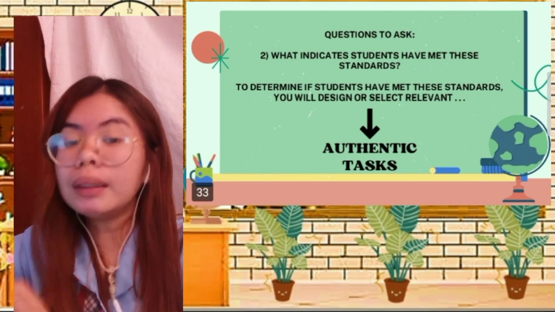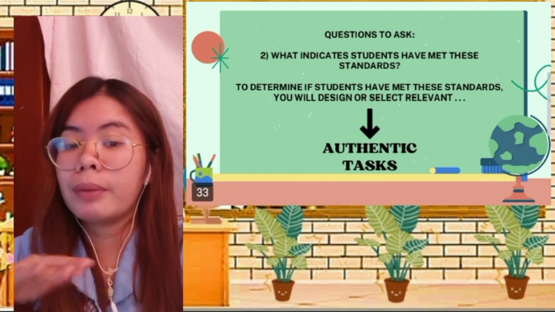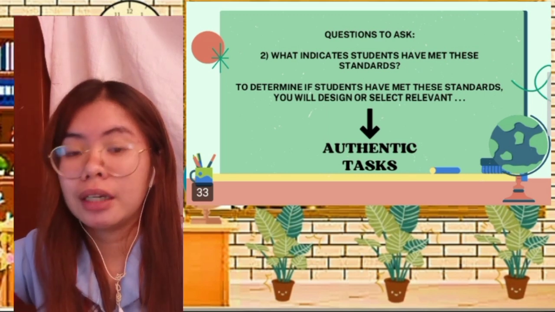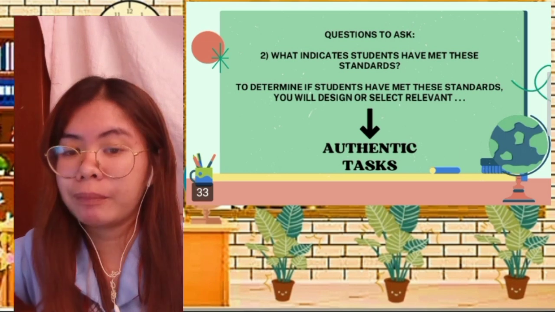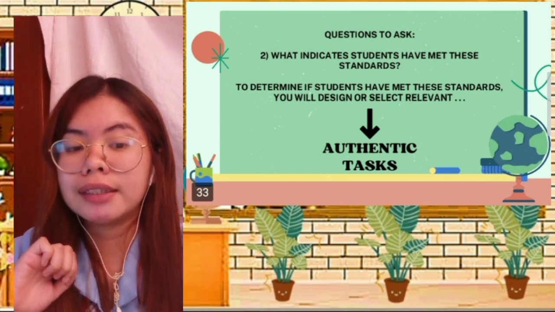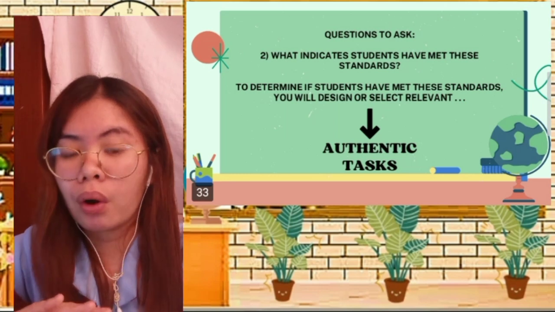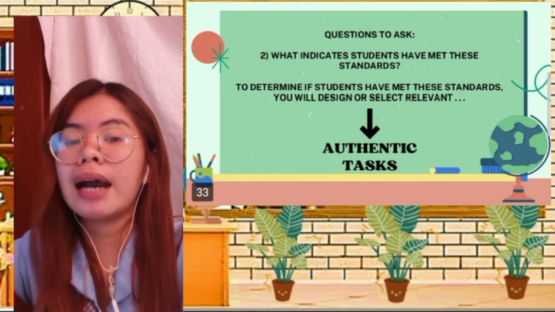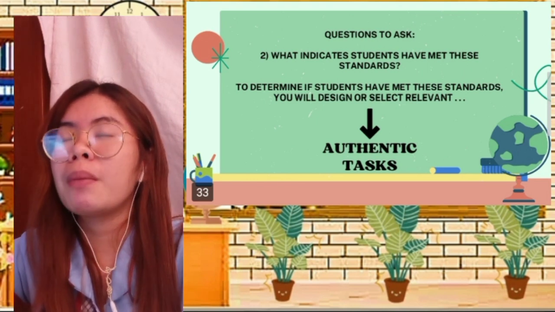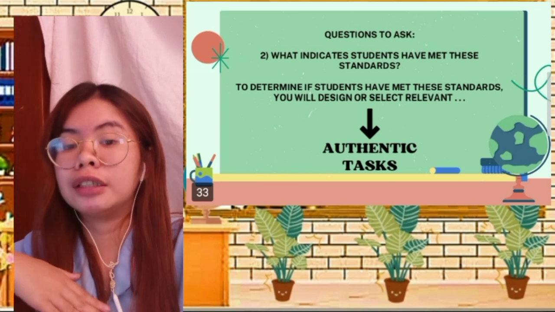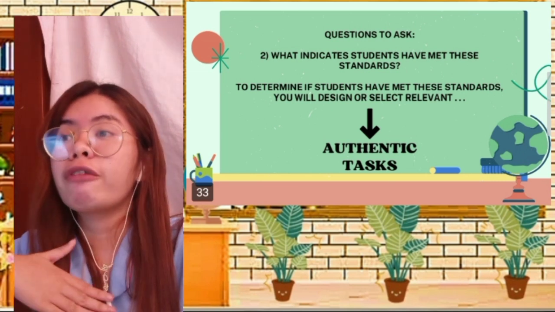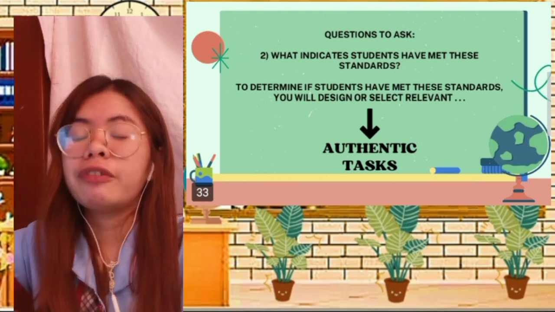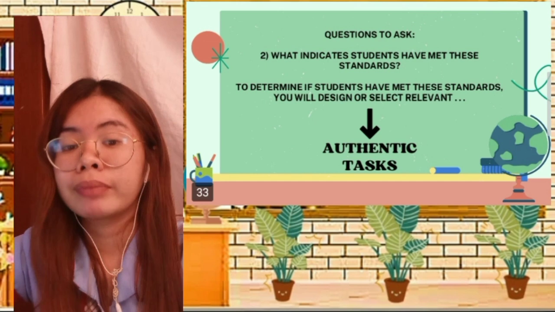So as we make an authentic task, as a teacher, we must consider the learning style or the learning preference of our students. Not all students are the same. We must come up with activities that are appropriate and available to all students. As a teacher, we should know the characteristics, skills, and learning preferences of our students for us to adjust or create differentiated activities so it is fair to the students.